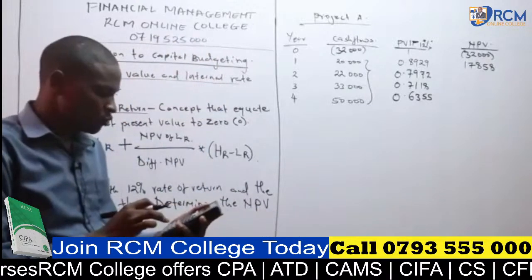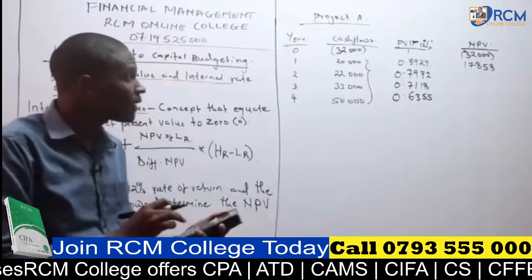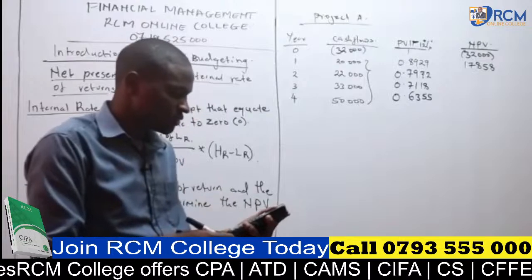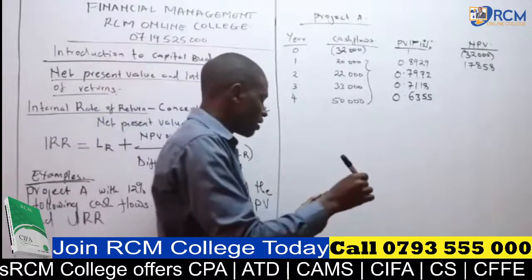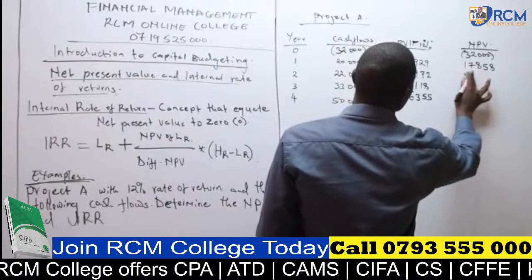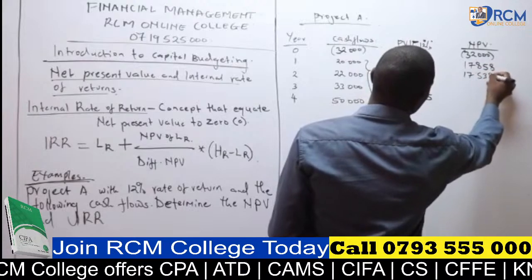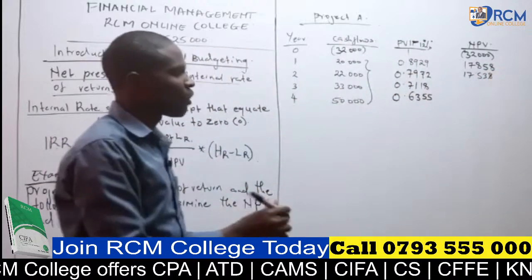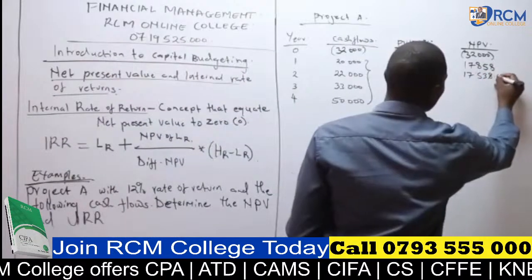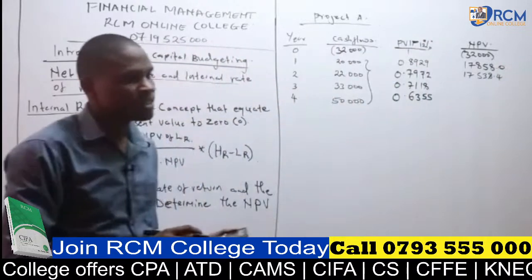I'm having 22,000 times the PV 12%, 0.7972, giving 17,538.4. Allow me to put the 4. This is sensitive to me.